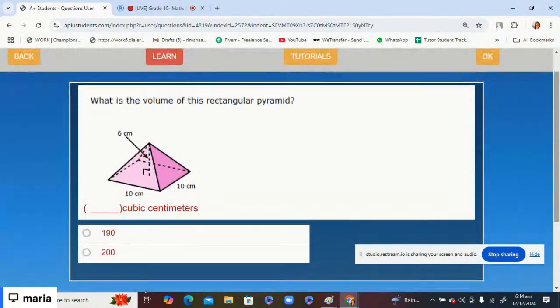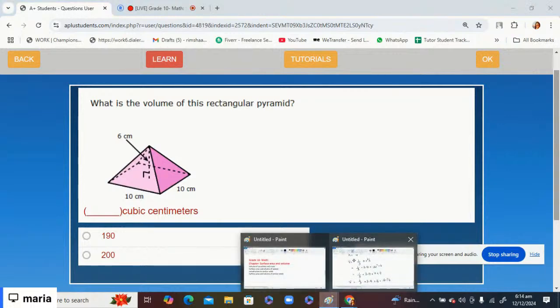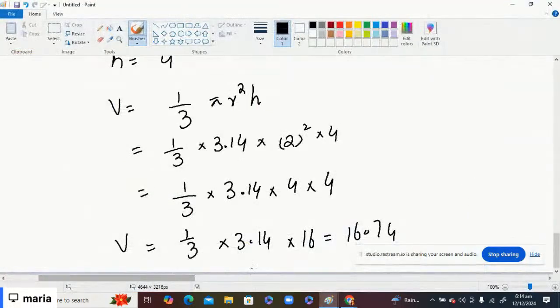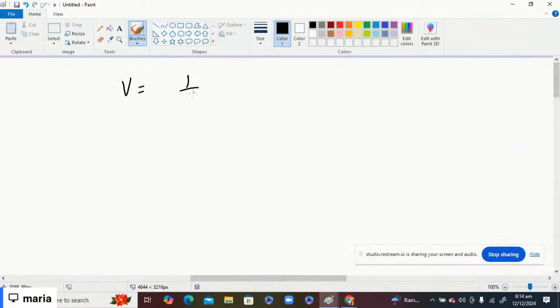Okay, now what is the volume of the rectangular pyramid? Now just solve this one question as well. So volume of pyramid is 1 by 3 times area of the base times height. Volume is equal to 1 by 3.